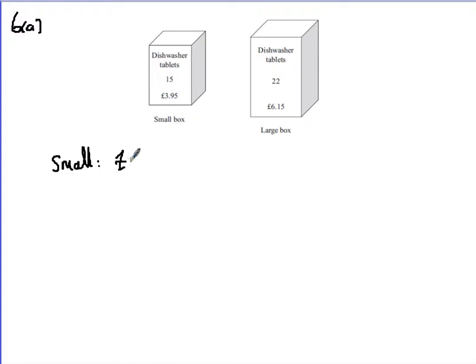That's £3.95, and then we're dividing that by 15. And then we've got the large one, which is £6.15, and we're dividing that by 22. So this will tell us what one tablet is worth. It just goes into the calculator.